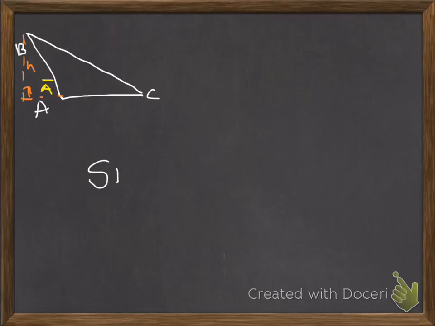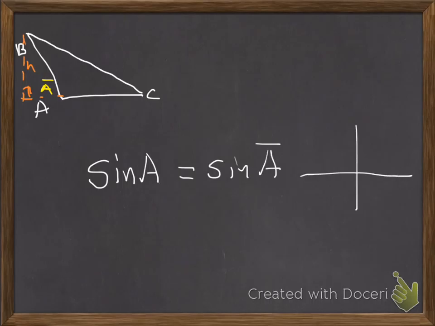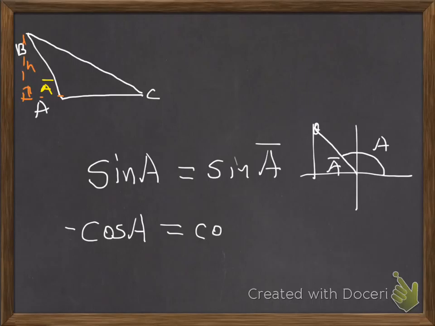So the sine of A is actually going to be equal to the sine of A bar, when we're talking about reference triangles. Here's angle A, here's angle A bar, and the sine is positive in those two quadrants. We'll also talk about the fact that the negative cosine of A is going to be equal to cosine of A bar.